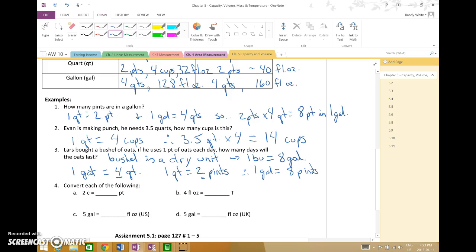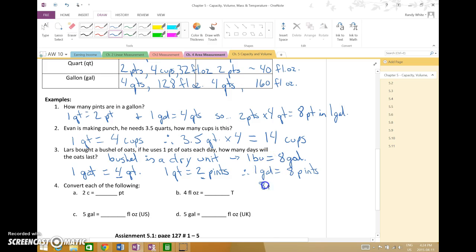So if 1 bushel is 8 pints, sorry, got ahead of myself here. So 1 gallon equals 8 pints. And there are 8 gallons in a bushel.